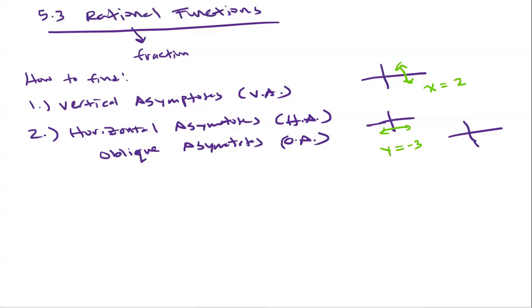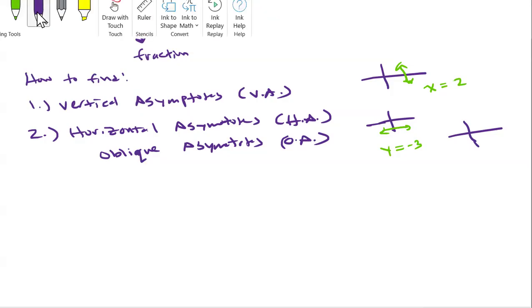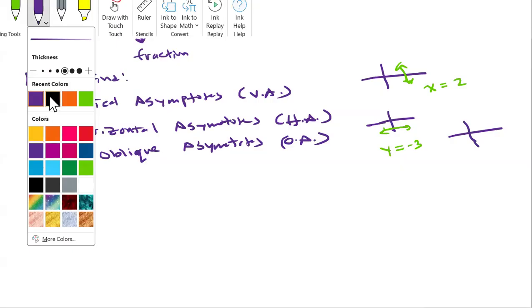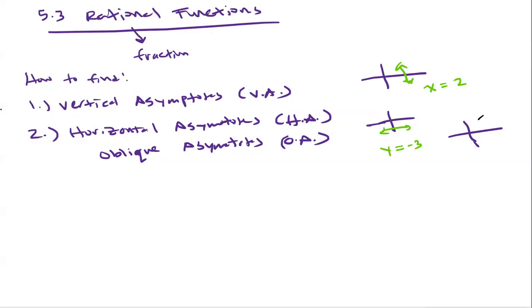That is a horizontal asymptote. An oblique asymptote is basically it's going on a slant way. So in this case, if we have a graph, say coming through the origin here, okay, all right.